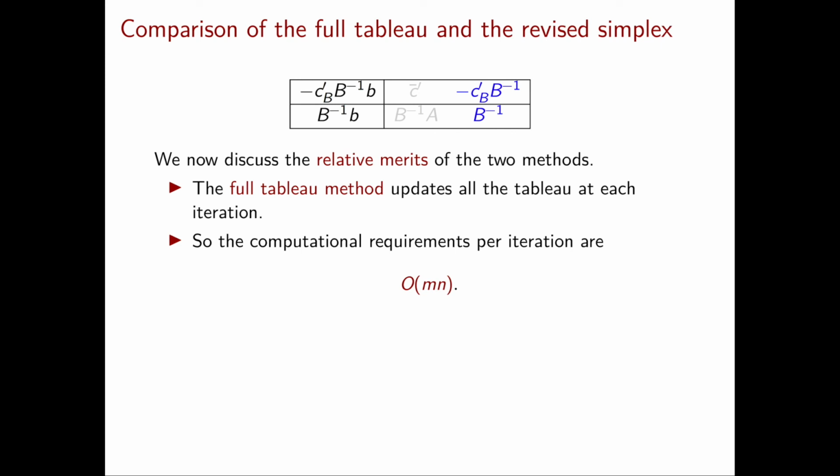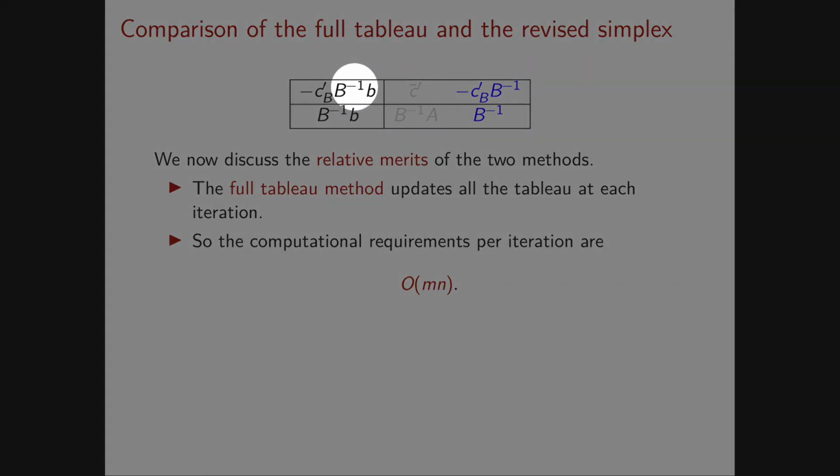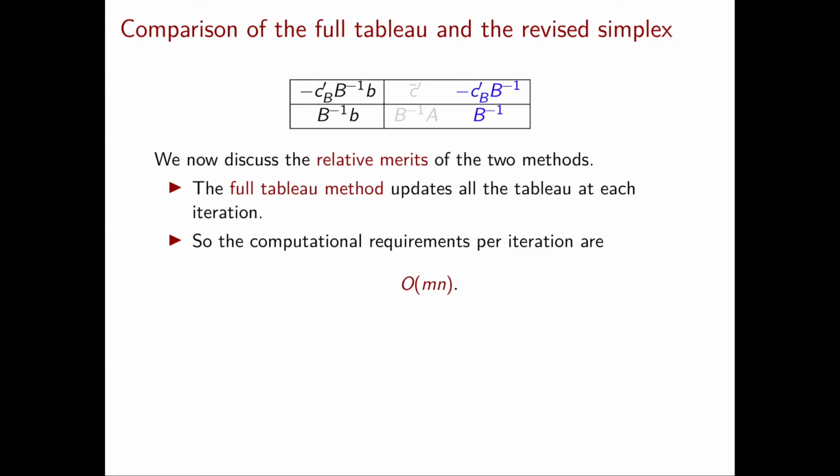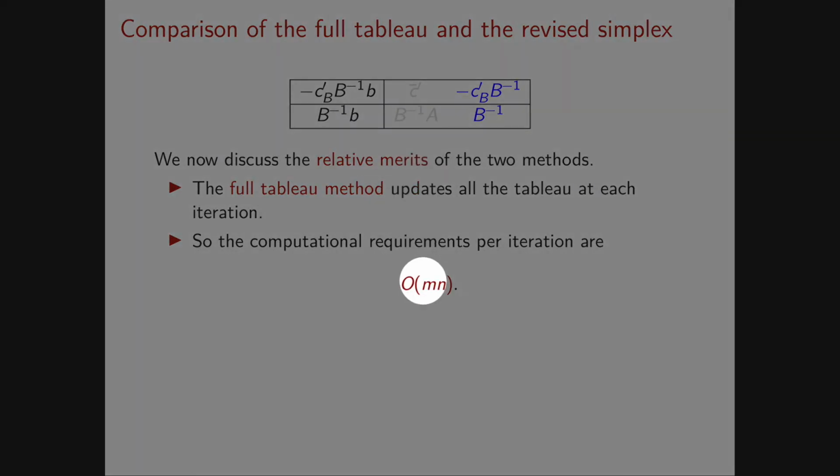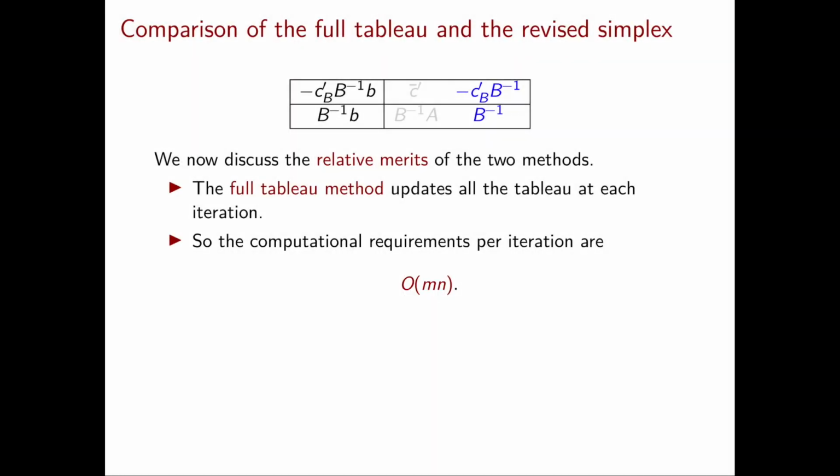We have already seen this, but let's do it again by looking at this extended tableau. So the full tableau method at each iteration updates all the 0th column and then the n columns that I have written here in gray. Updating each entry takes a constant number of operations, so the computational requirement per iteration is big O of mn.